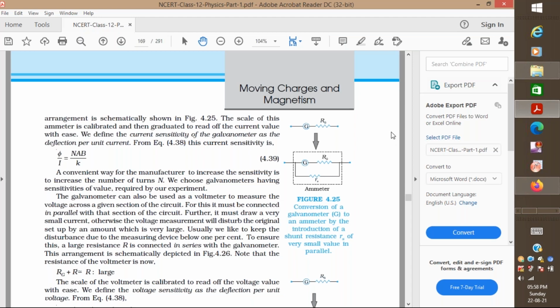Mridula, do you have any doubt, any questions? Pujita, do you have any doubt, any question? Okay, Mridula is saying no. Okay. What about Pujita? Do you have any doubt?